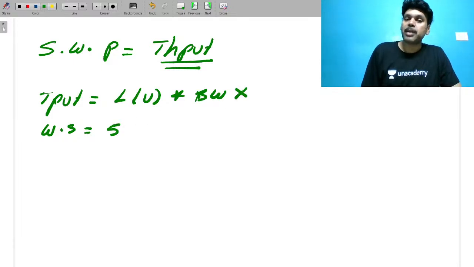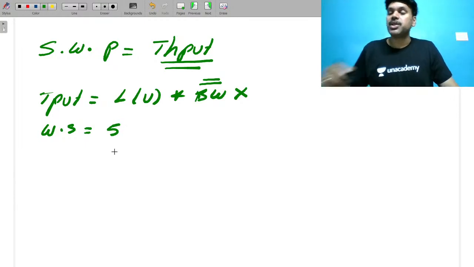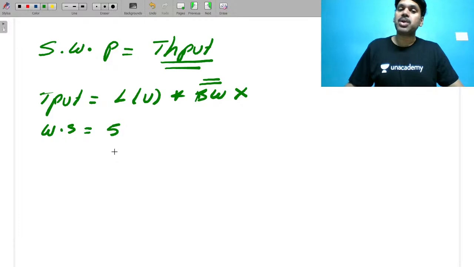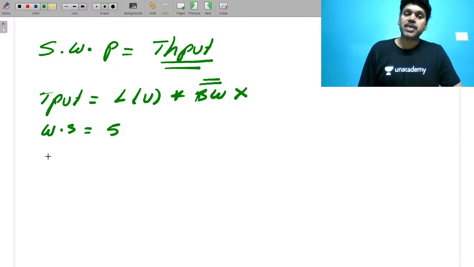So I cannot implement this equation because the bandwidth is not mentioned. Otherwise, you calculate the bandwidth using TT is equal to L by B, no doubt. And your packet size is equal to 1000 bytes.